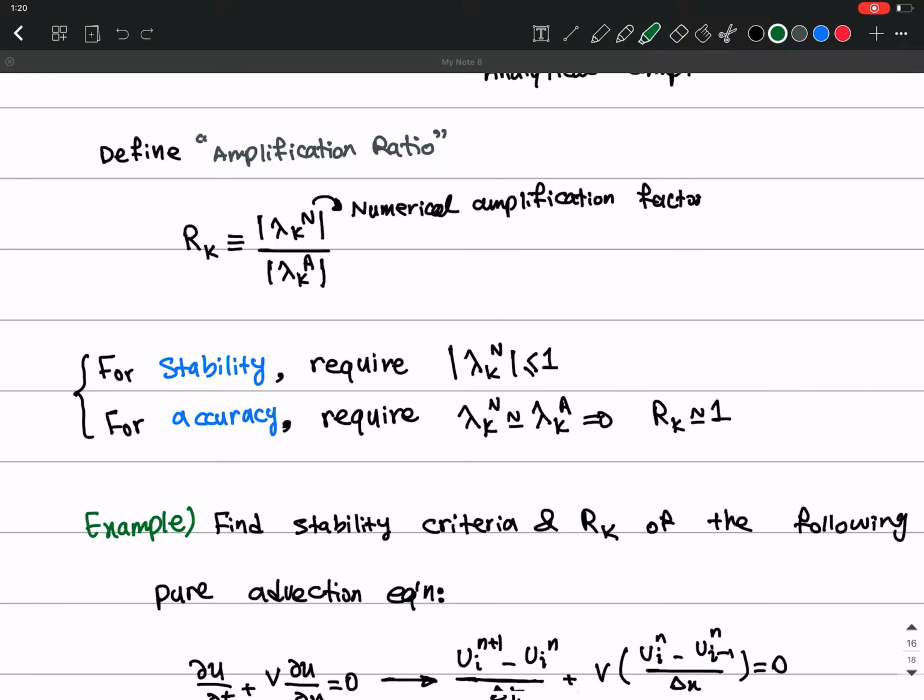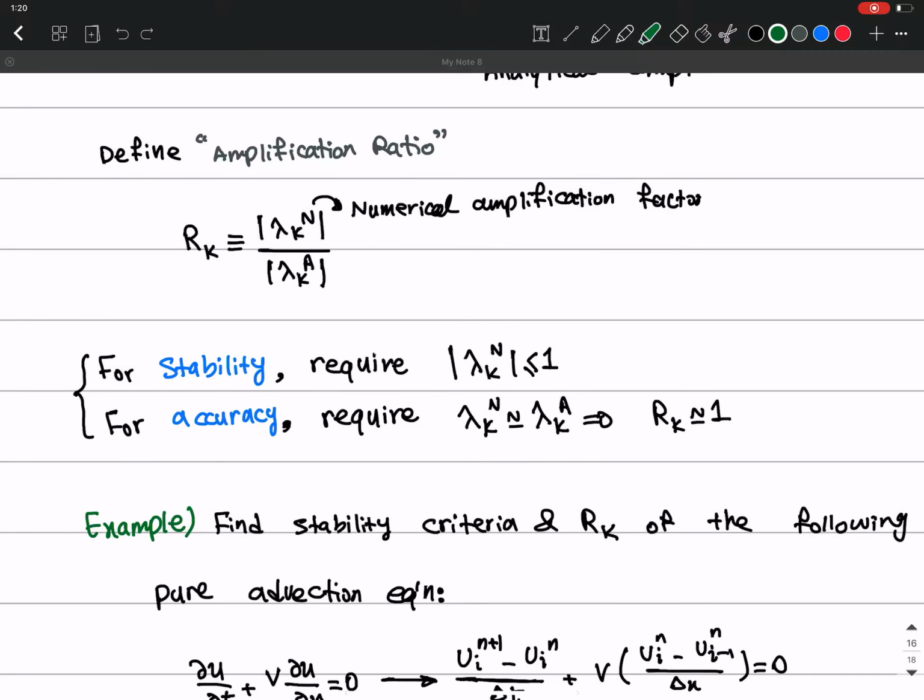It's like you increase something by 10% or 5%, and it goes to infinity, and your solutions are going to blow up. That's why for stability we require lambda_k to be smaller or equal to 1.